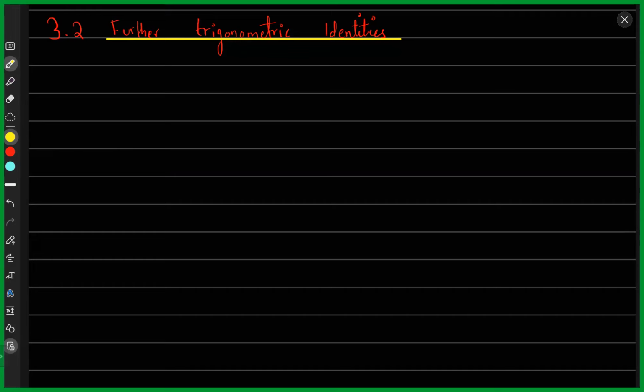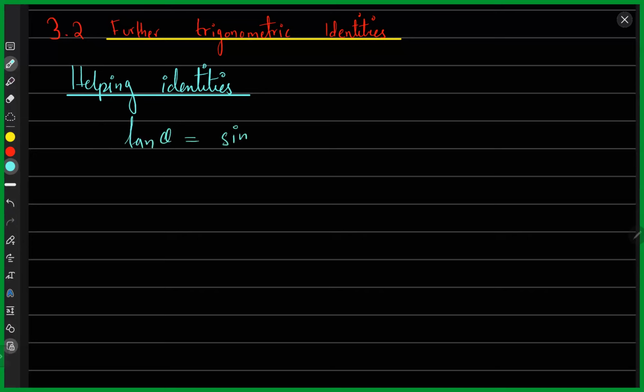Okay, all right. So we know we have two basic identities which we need to remember, or you can think about them as helping identities as well. So we have two helping identities. Number one, tan theta is equal to sine theta over cos theta.